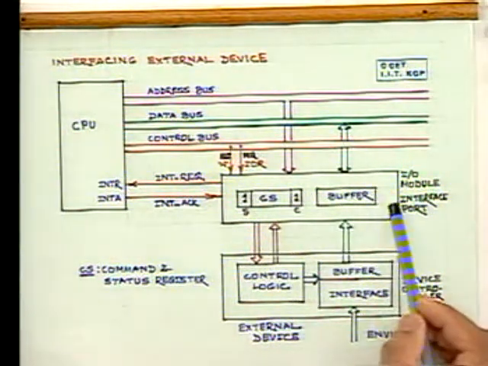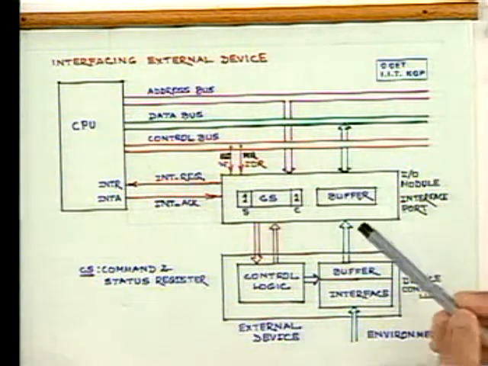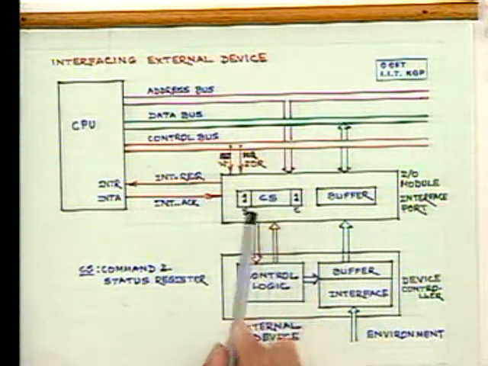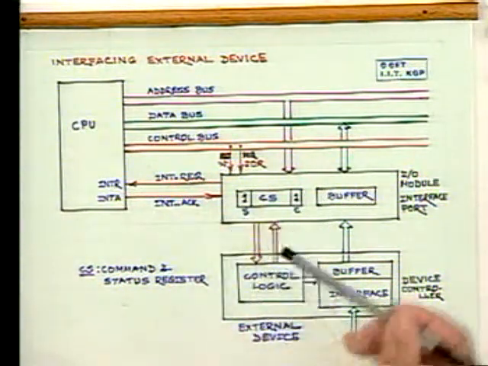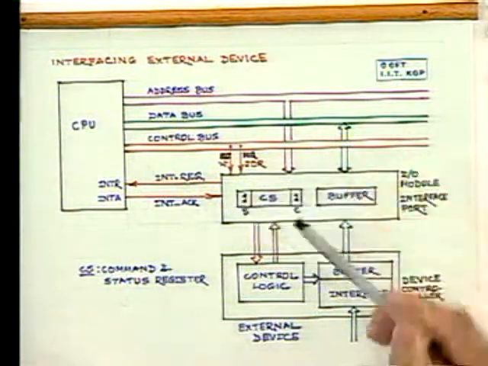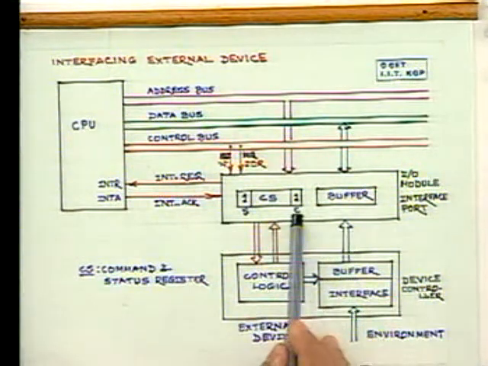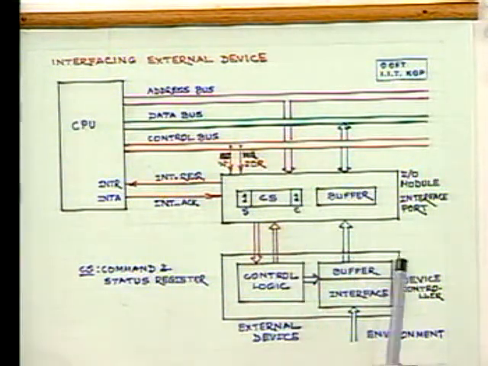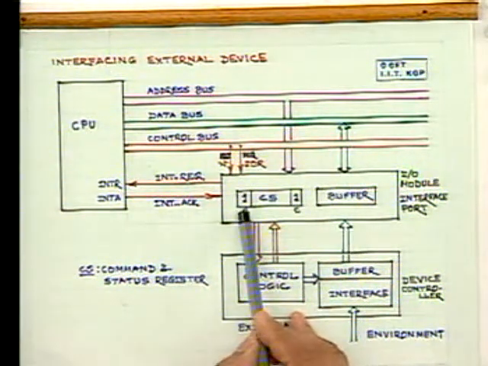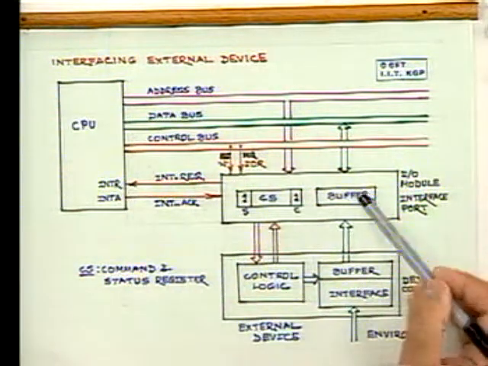For example, this is an input device, that means data is coming into the buffer. This is my command and this is the status. If you want to read something from that input, then this command bit I put to 1. The device puts the data into the buffer, puts the status bit, and on getting the status bit, or the interrupt, we read from the buffer.